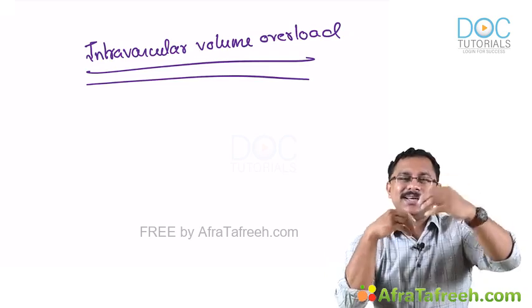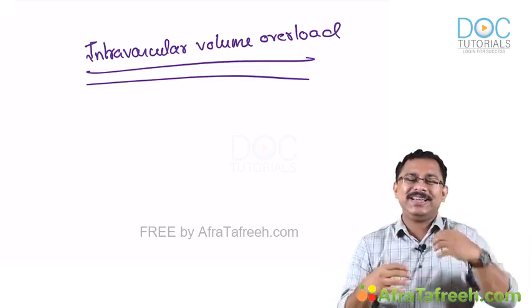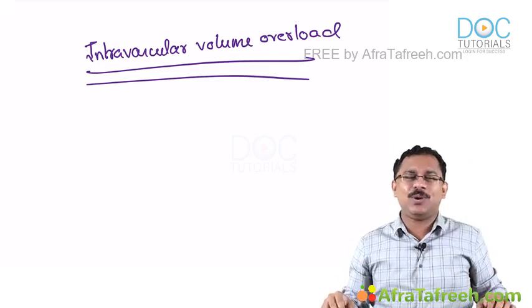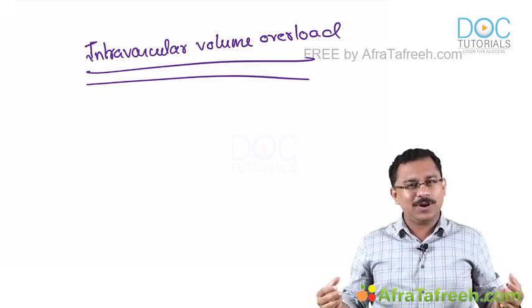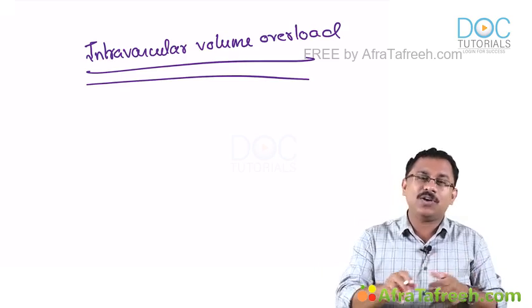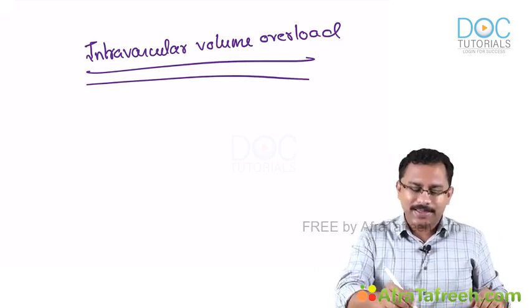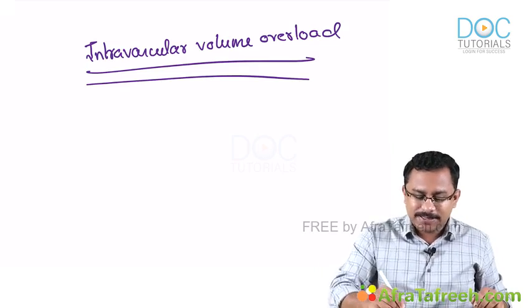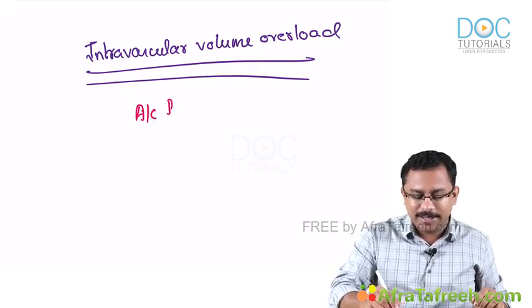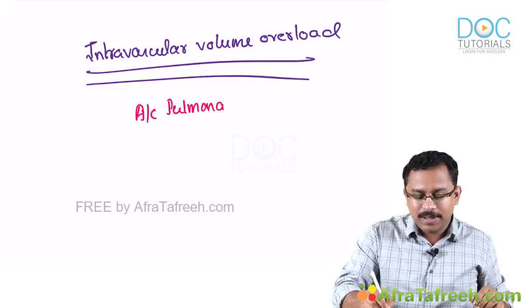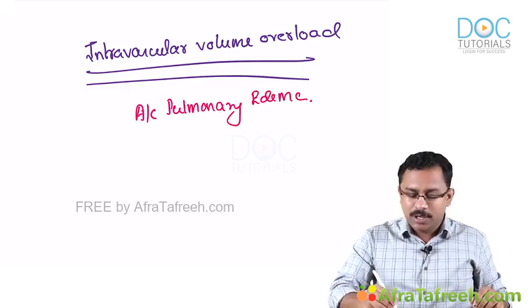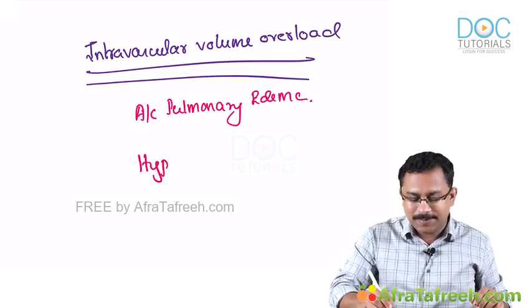But here, because there is glomerular inflammation and a decreased GFR, fluid is accumulating inside the vascular component. So there will be fluid overload, and this can lead to various other consequences. You can have pulmonary edema, patients with a nephritic picture developing acute pulmonary edema. And because of the associated sodium retention, you can have hypertension.